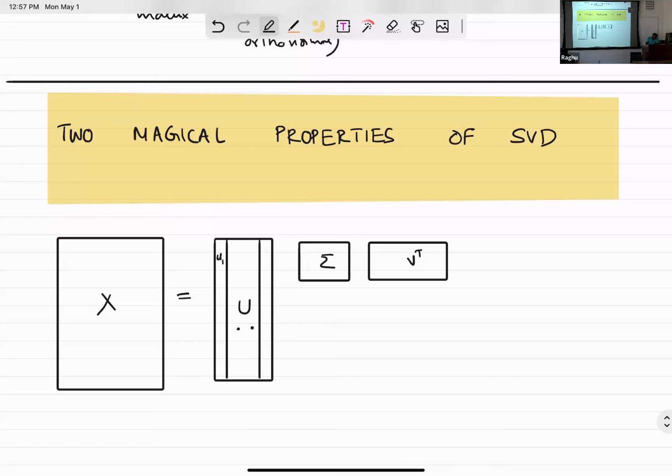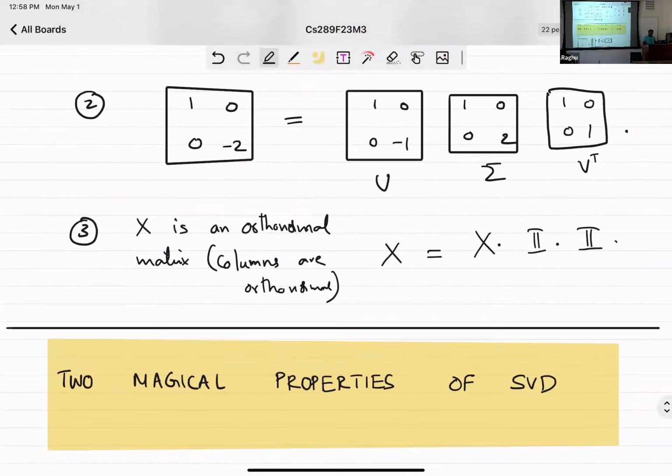Let's say these are U1 up to UR, and the entries of sigma on the diagonal are sigma 11, sigma 22, and so on. Let me reorder things so that I satisfy these inequalities, meaning I'm writing sigma so that the largest entry is at the top left.